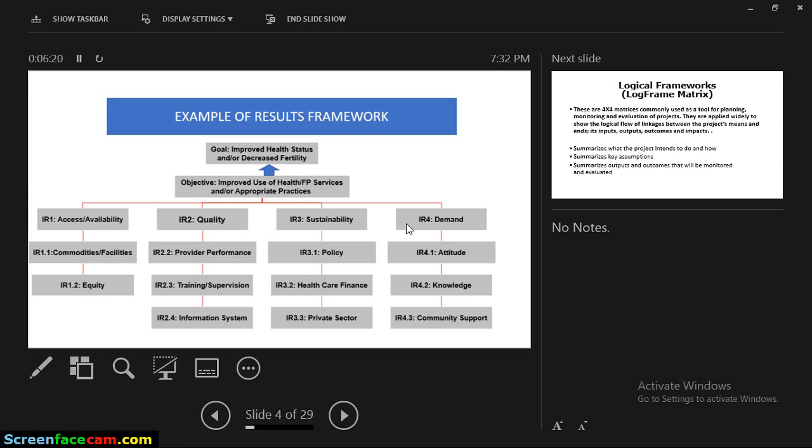Is it true that if we see improvement in the use of health and family practices and where there are appropriate practices, this can result in improvement in the health status in the community? It's true, right? So then we call it what? Impact, output, or outcome?